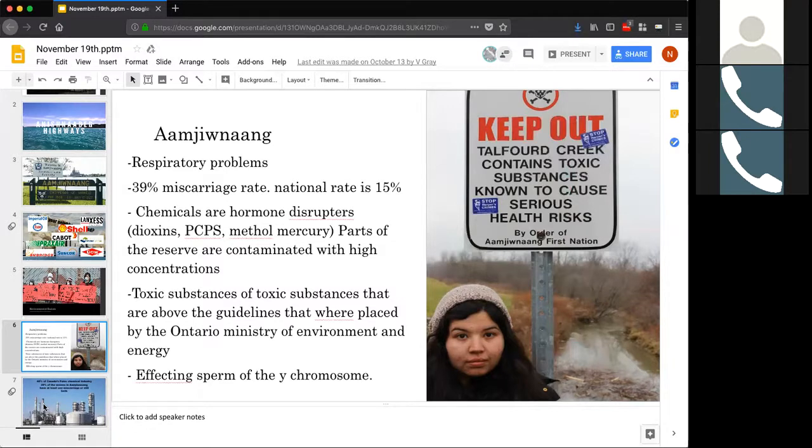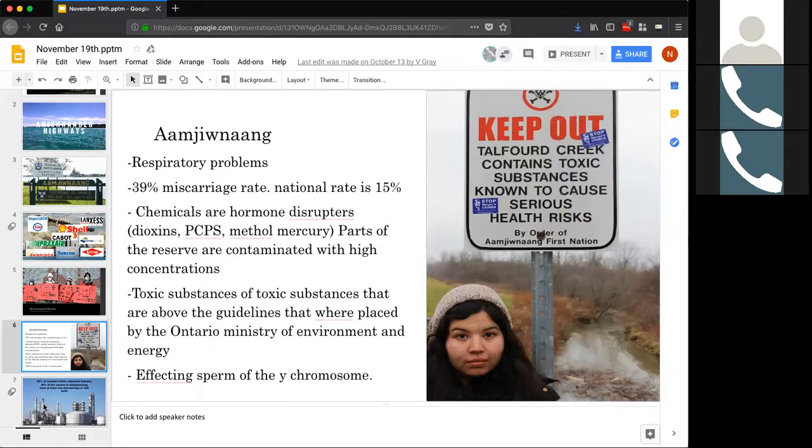And so some of the focus is on Indigenous youth, and how we're expected to thrive in such an environment when the air itself is dangerous to us.